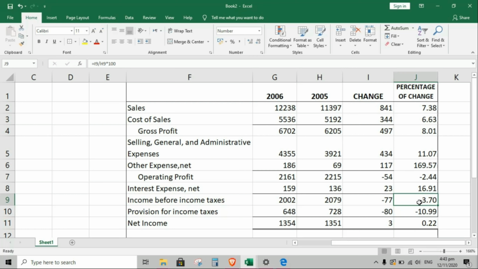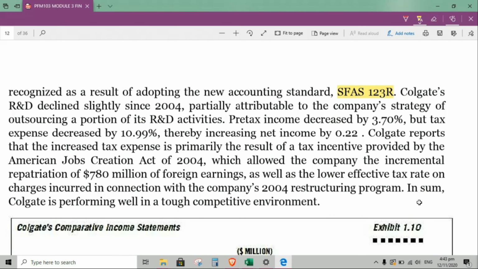So, parang ganun din. And then, next is that Colgate reports that the decreased tax expense is primarily the result of a tax incentive provided by the American Jobs Creation Act of 2004, which allowed the company the incremental repatriation of $780 million of foreign earnings, as well as a lower effective tax rate on charges incurred in connection with the company's 2004 restructuring program.